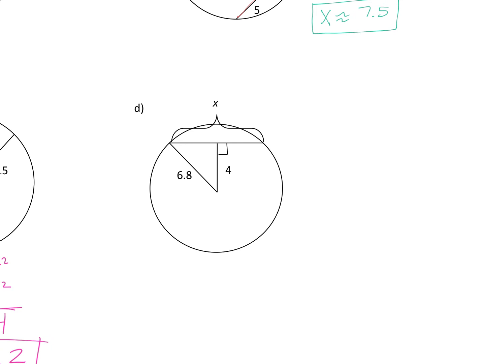I'm going to warn you right off the bat that a lot of people do this one wrong because of algebra, not because of geometry. You are welcome, if you want, to call this piece right here half of x.